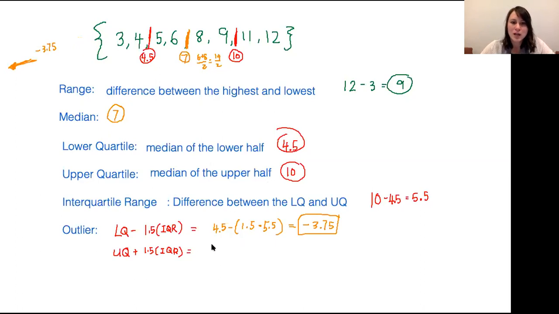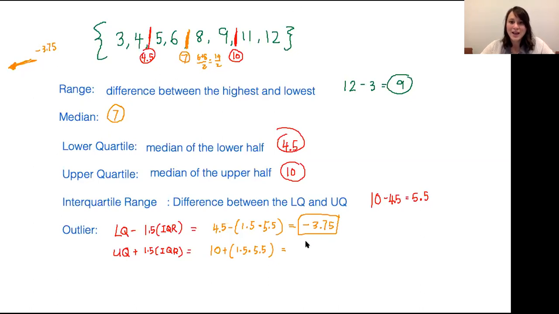So then for the upper outlier, it's the upper quartile, 10, plus 1.5 times 5.5. And so we would plug that in, and you would get 18.25.